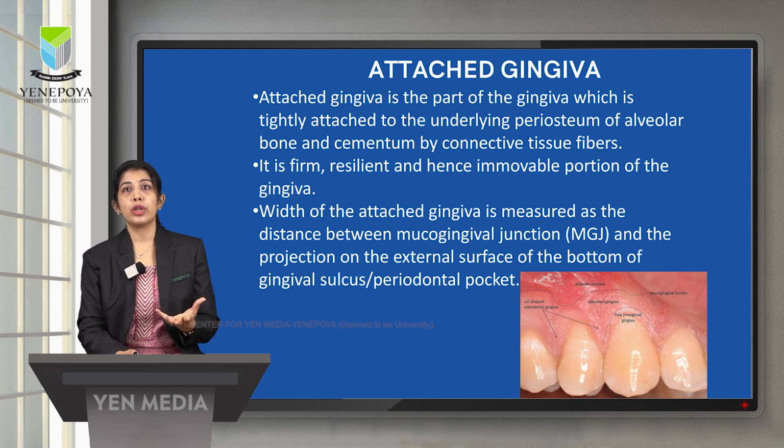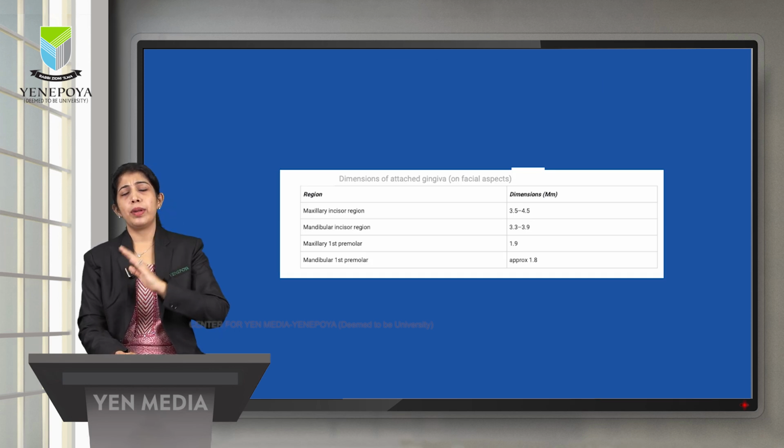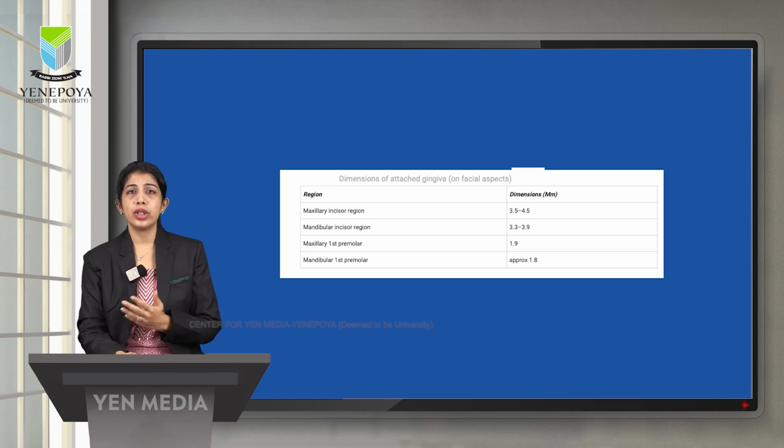But why is the width of the attached gingiva so important? Because most of the keratinized tissue of the gingiva is your attached gingiva and it is fixed or connected to the underlying bone. Hence, it becomes a very solid support system for our gingiva. Coming to the dimensions, based on various studies, these are the basic ranges through which the attached gingiva can range.